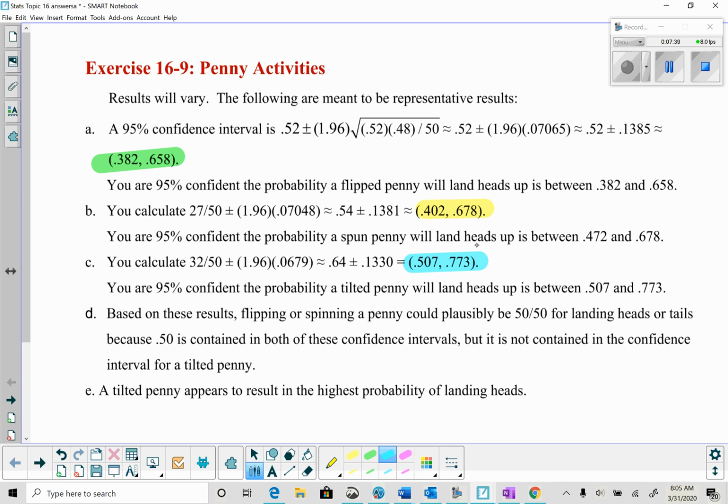Now, again, that's all going to depend upon what you got for your proportions. And again, if yours are different from theirs, which I would expect a little bit anyway, that has a huge impact on your confidence interval.